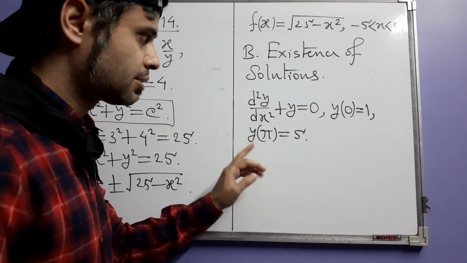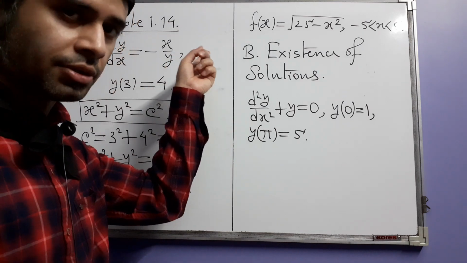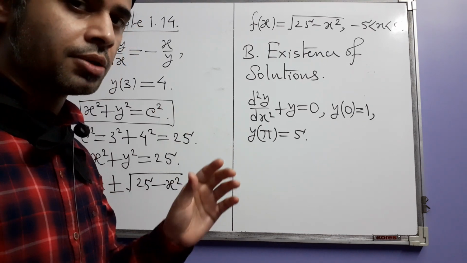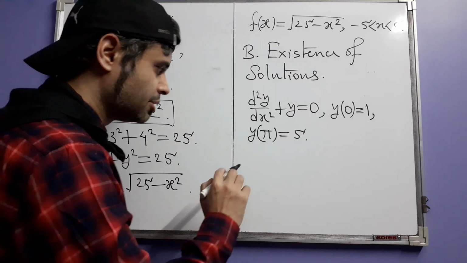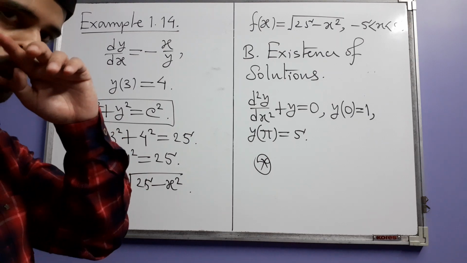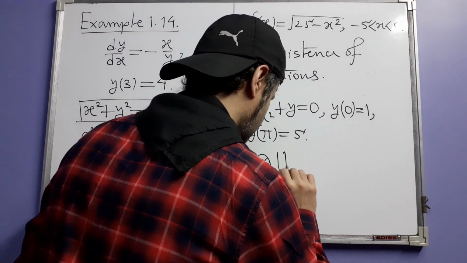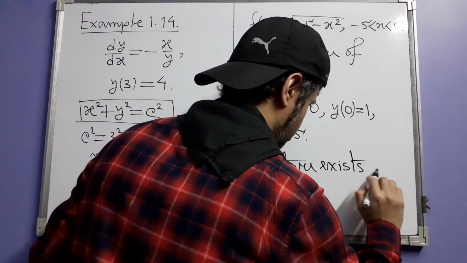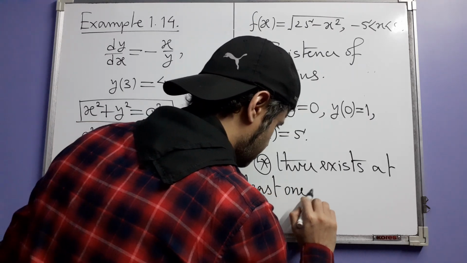At least we can say something about whether a solution exists for the problem that we defined just now in that definition. An initial value problem which involves a first order differential equation. That means our star, that initial value problem. For that problem there always exists at least one solution.